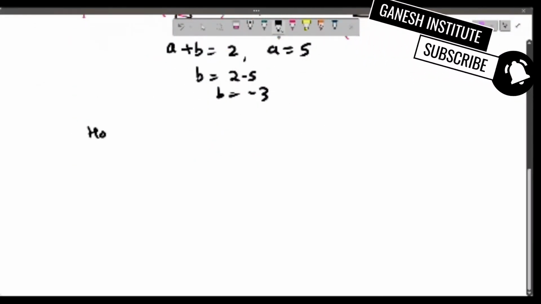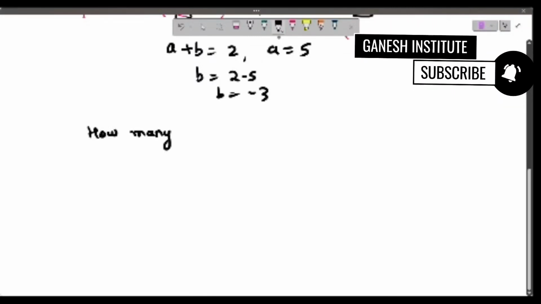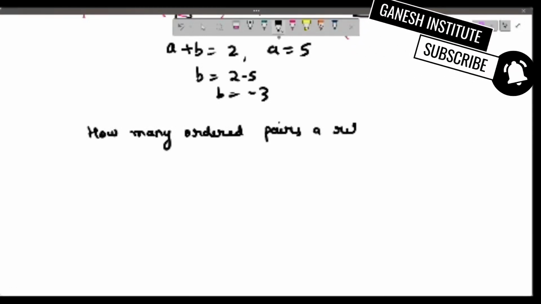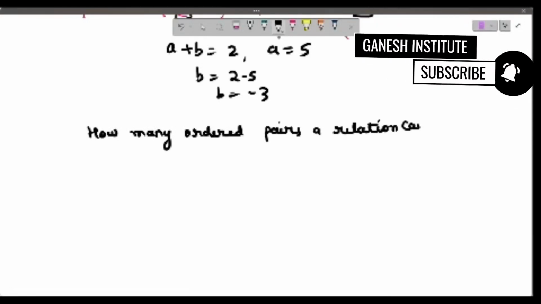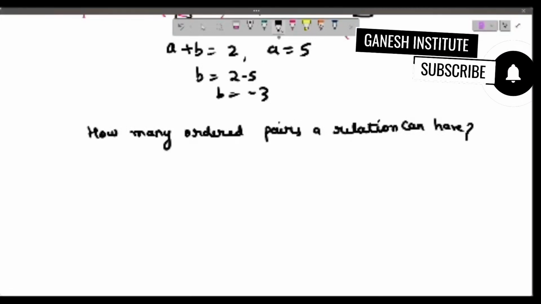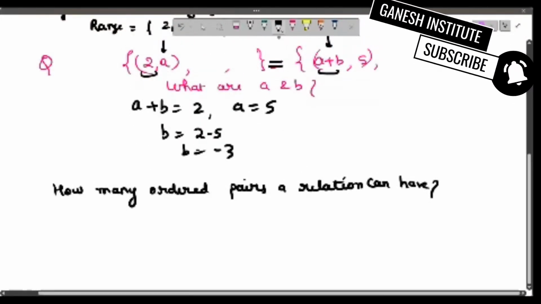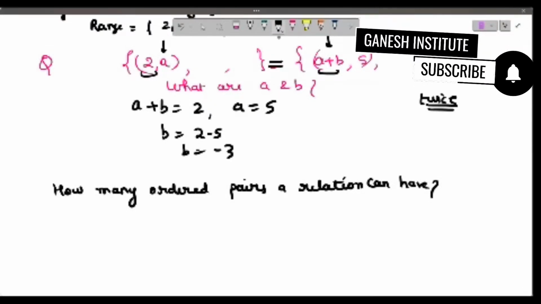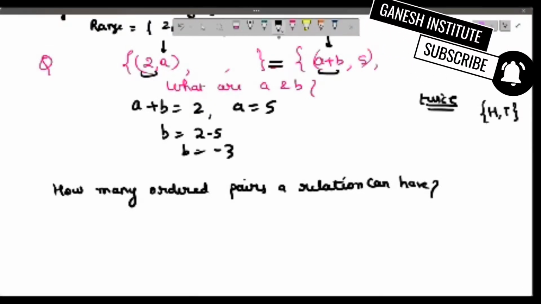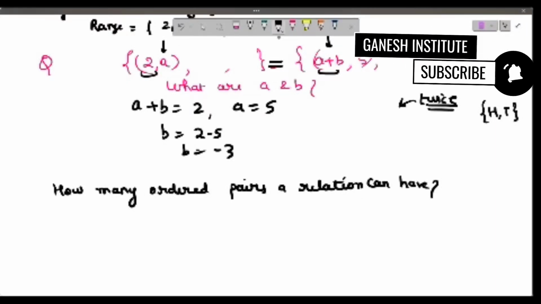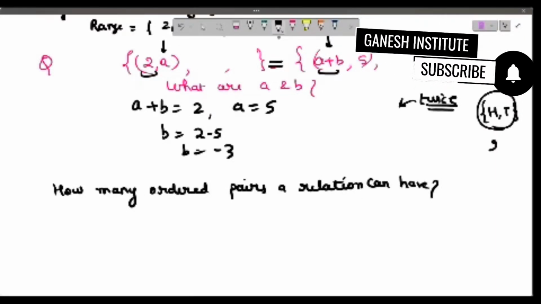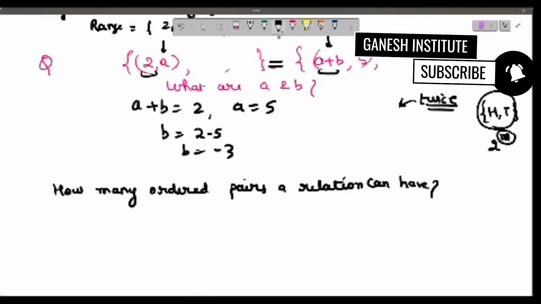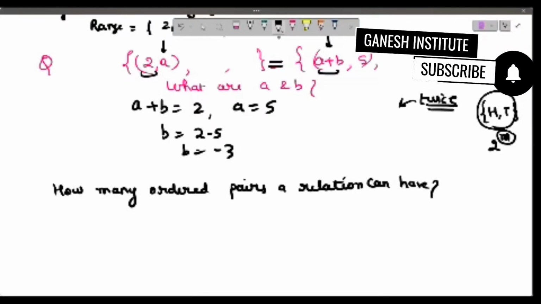How many total ordered pairs can a relation have? For example, in sets, if you toss a coin twice, when you toss it once you get head and tail, that is two outcomes. So these are two, so 2 raised to the power m, where m is the number of times you are tossing it or an event is occurring.